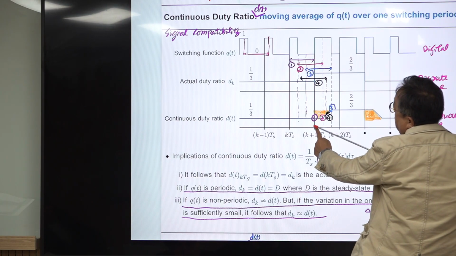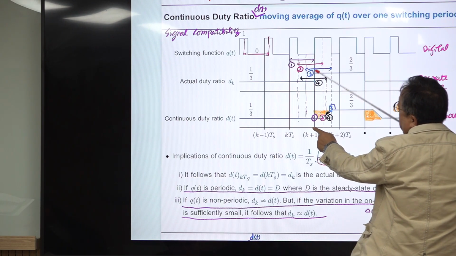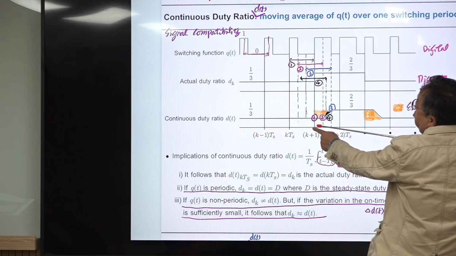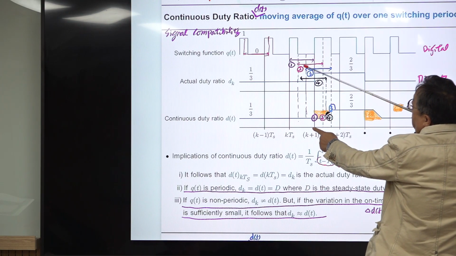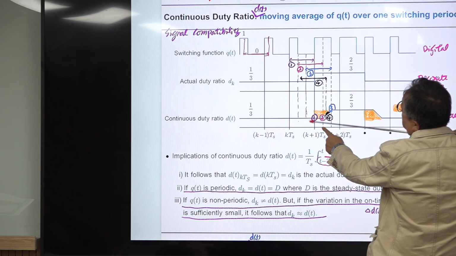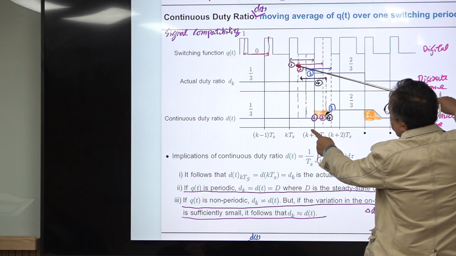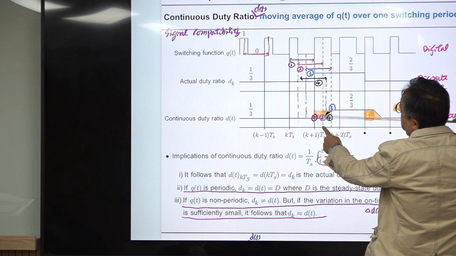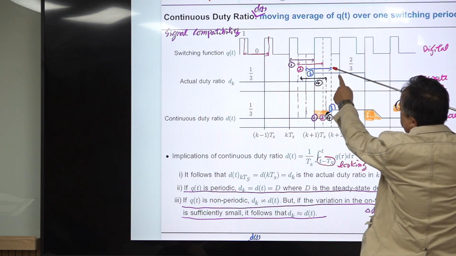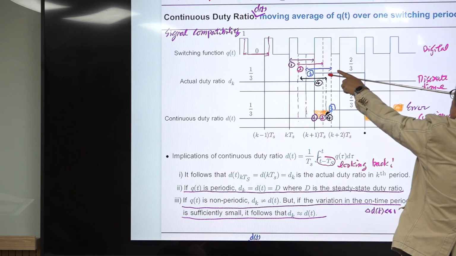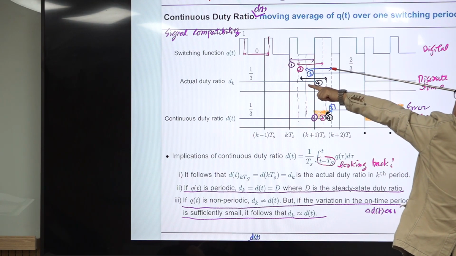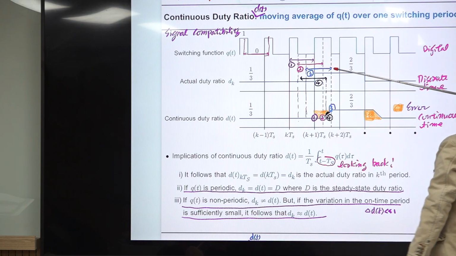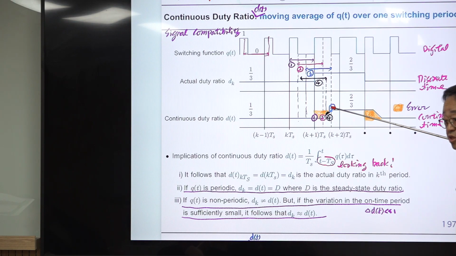For case 1, you are looking back at the duty ratio of the previous switching cycle, which is 1/3. Here, still it is 1/3, and at this point it is 1/3. But at this point, looking back in this direction, the duty ratio is 2/3. So 2/3 is here.